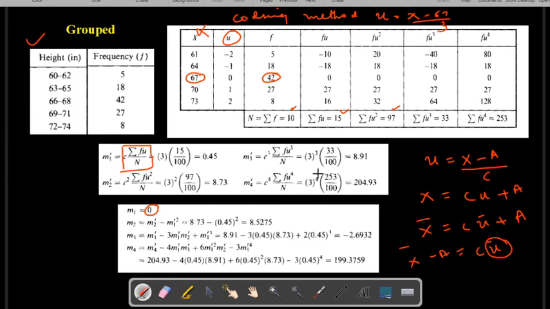So write down all these problems neatly in your notebook. Calculate yourself whether the values are coming. Find first moment, second moment, third moment, fourth moment, then first to fourth moments about mean as well, and verify whether the relationship between these two is satisfied or not.